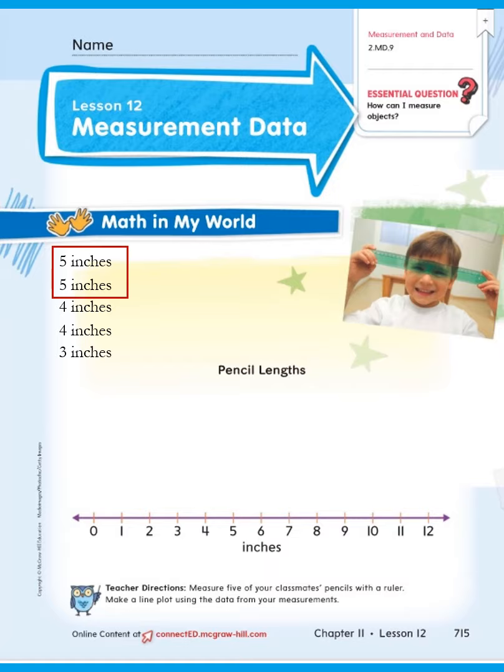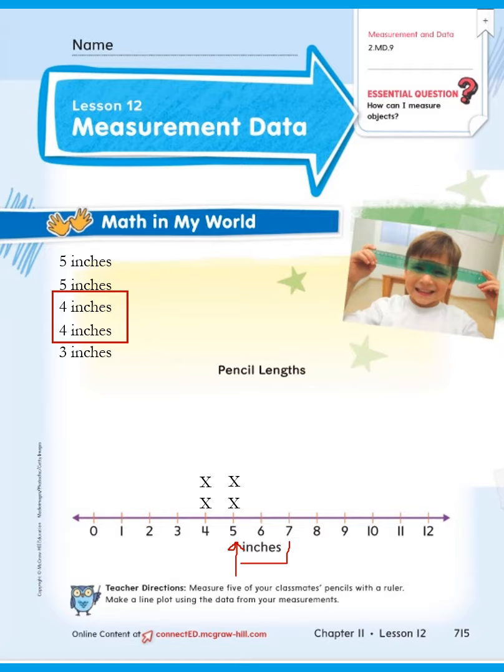Well, we've got 2 pencils that were 5 inches long. So our unit here, our label, is inches. And we're going to go to the number 5. And what are we going to put above it? Do you remember? We're going to put 2 X's. Right. And then we've got 2 pencils that were 4 inches long, so we're going to go to the 4 and put 2 X's there.